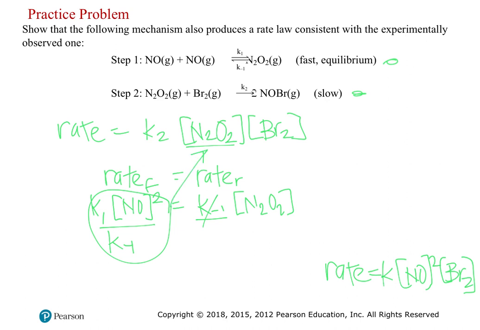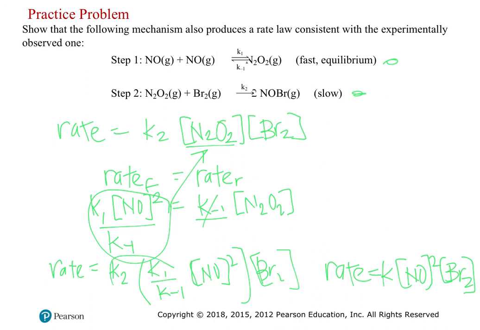So we get rate equals, I'm actually going to put this down below, rate equals K2 times, plug in for this one, K1 over K negative 1 times nitrogen monoxide squared times bromine. We'll simplify those K's together. So the rate equals K times nitrogen monoxide squared and bromine to the first power.